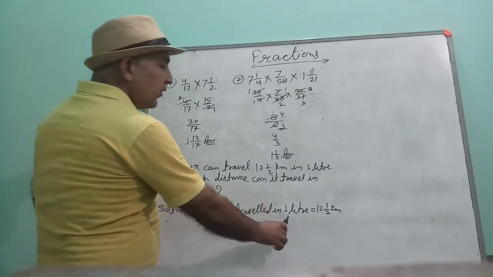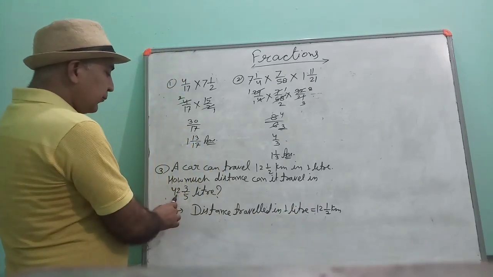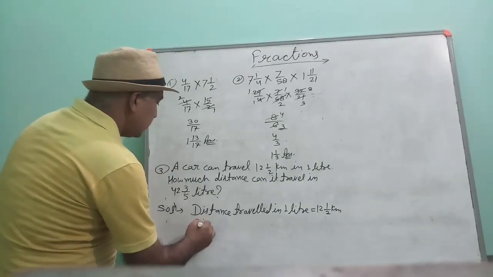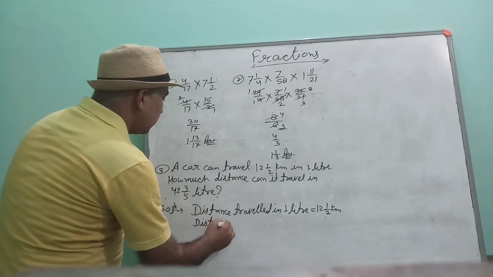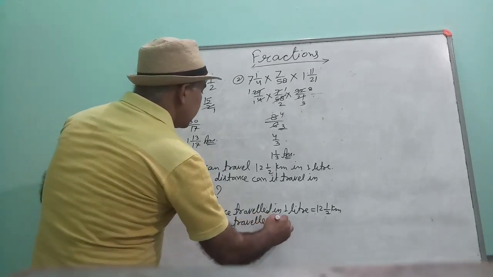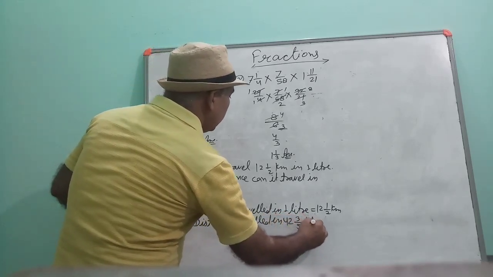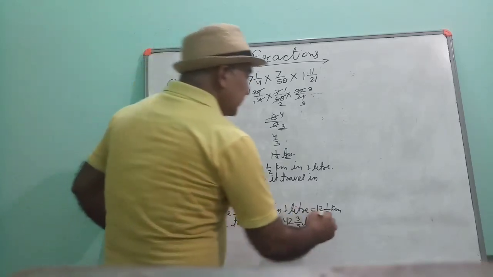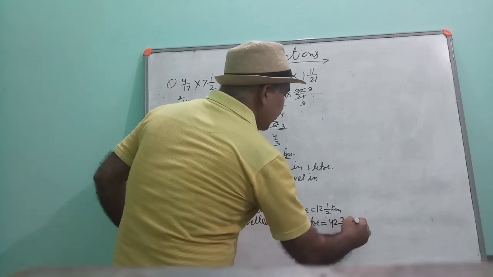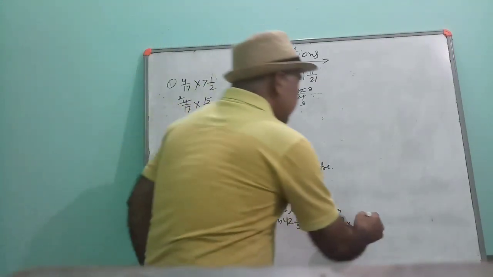If in 1 liter the car is traveling 12.5 kilometers, then in 42 into 3 by 5 liter, see here, distance traveled in 42 into 3 by 5 liter is equal to, this 42 into 3 by 5 will be multiplied by 12 into half. Is this clear or not?